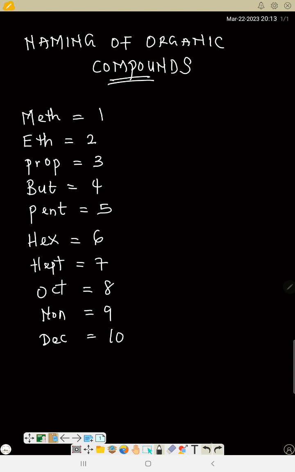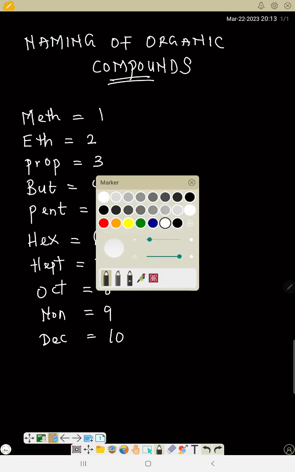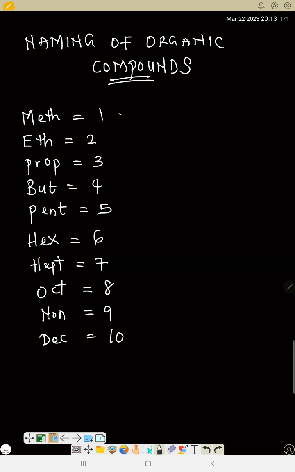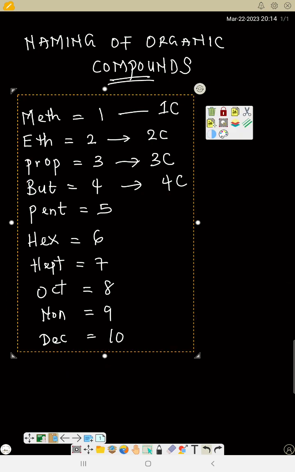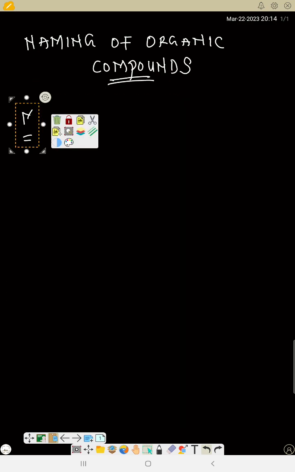So that means one carbon is meth, two carbons is eth, three carbons is prop, four carbons is but, like that. So take note. We'll still use it. So these are just the basics.